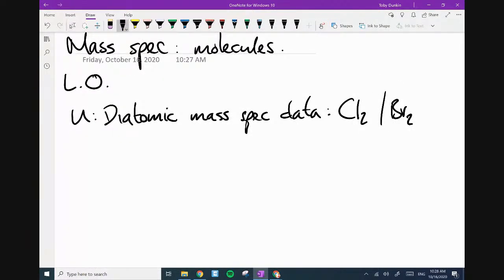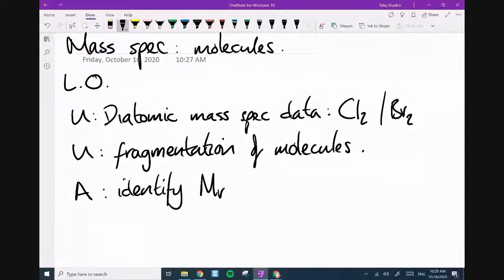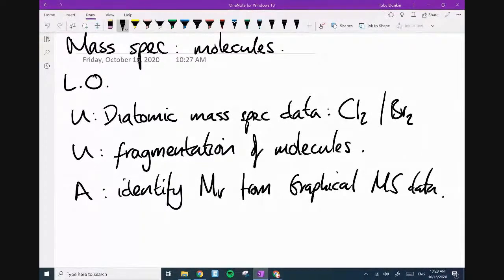Next, I need you to understand fragmentation of molecules. And then be able to identify MR from graphical mass spec data. I like it. Three learning objectives today.